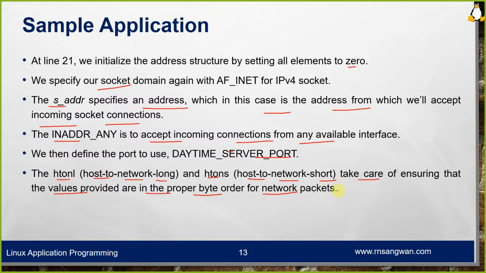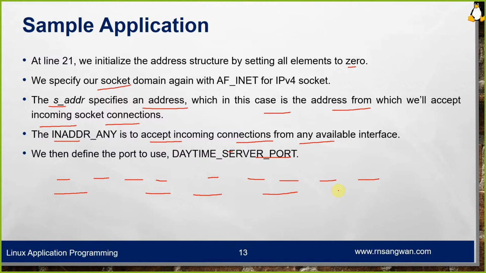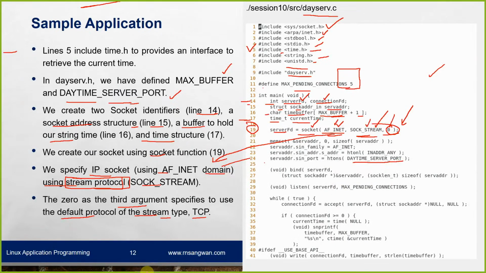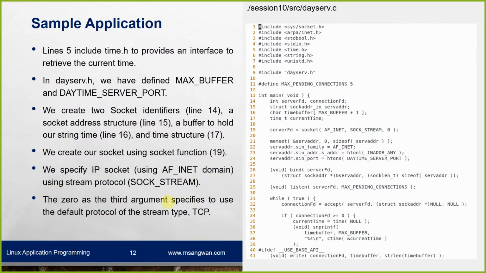Let's look at line number 21 onwards. Go back. So from line number 21 onward, what was referred to in the slides? Memset, server address, 0, sizeof server address, initializing the values. Server address family is AF_INET.